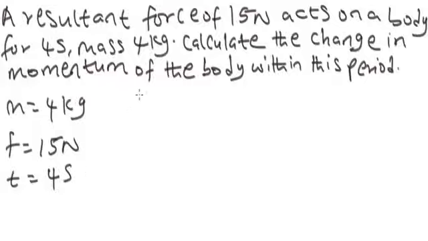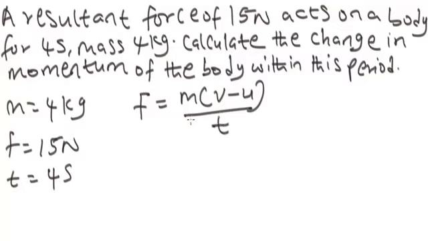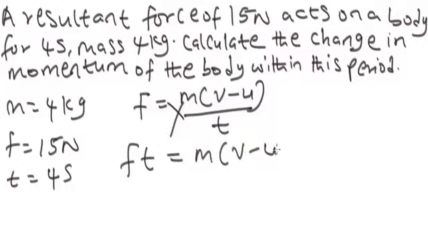Remember, Newton's second law of motion: the rate of change of momentum of a body is directly proportional to the applied force. That's force equals change in momentum over time. So when we cross multiply, that means impulse is equal to mass times change in velocity.